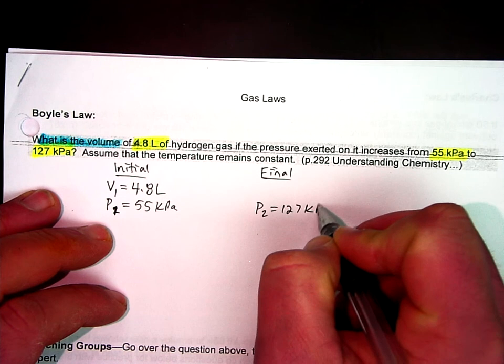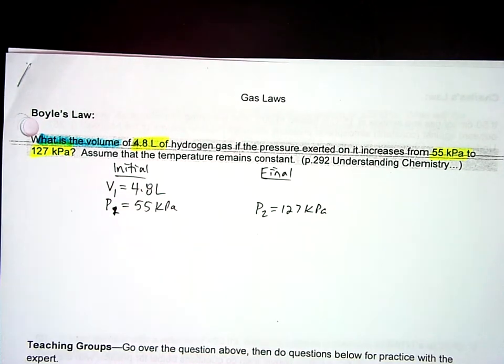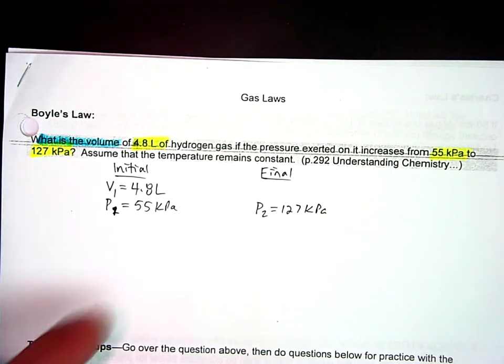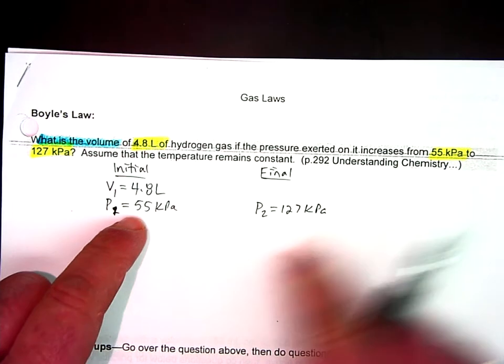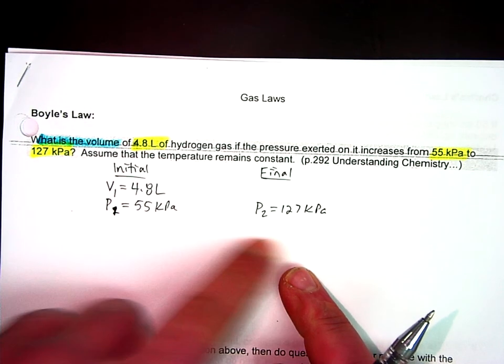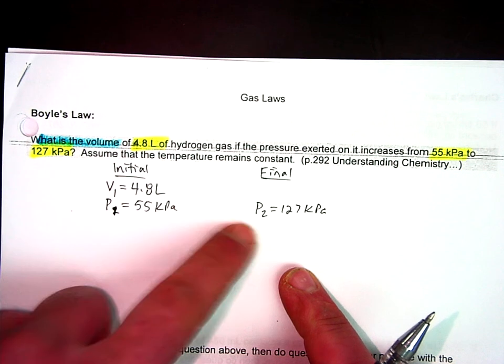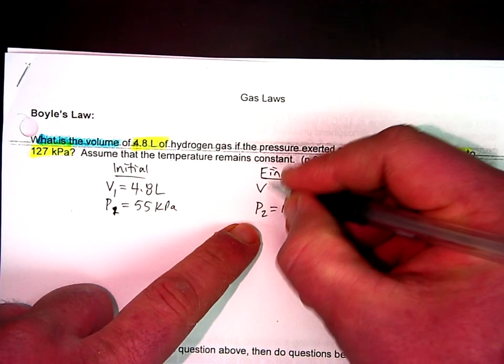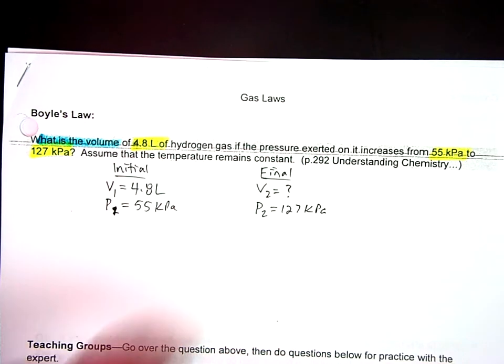That's the only tricky thing: you have to pay attention to the language used. It says it's starting from, so that has to be the initial condition, and it increases during this time to 127. So that's what the volume is looking for, that's our question.